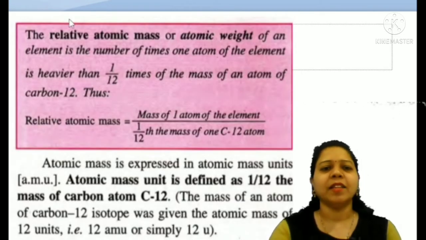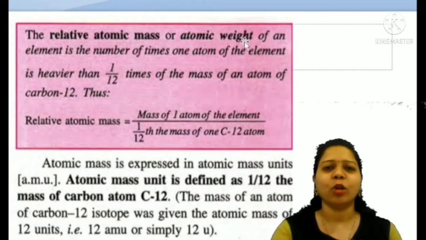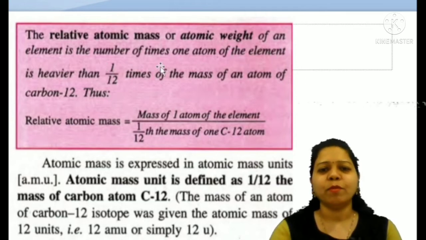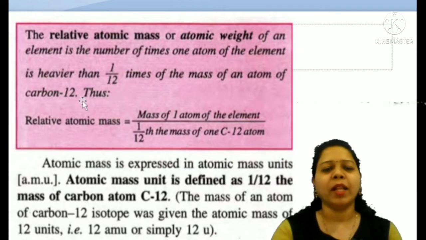Once again we'll see the relative atomic mass, or atomic weight. For relative atomic mass, we use one more term, that is atomic weight. The atomic weight of an element is the number of times one atom of the element is heavier than 1/12 of the mass of an atom of carbon 12.